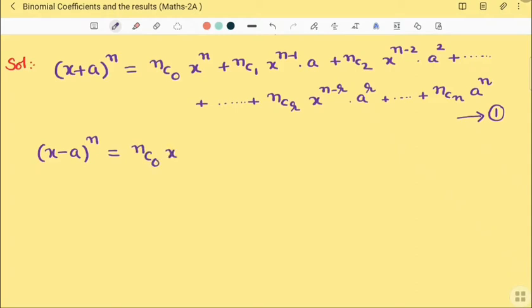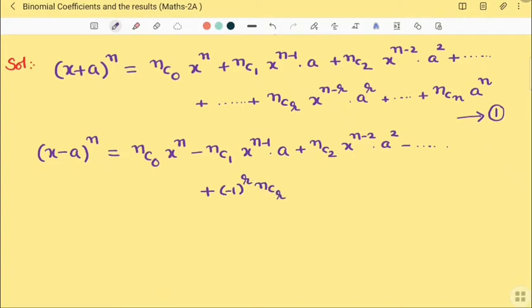nC0 x power n − nC1 x power n − 1 a + nC2 x power n − 2 a power 2 − and so on, plus (−1) whole power r nCr x power n − r a power r, plus and so on.